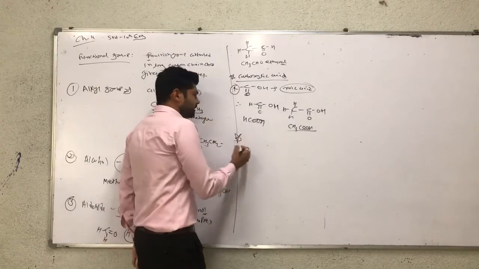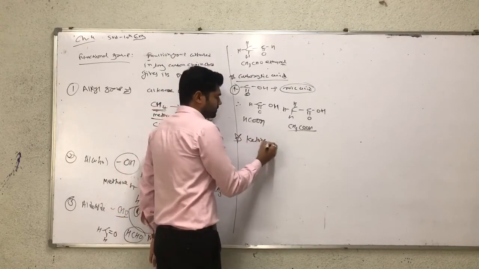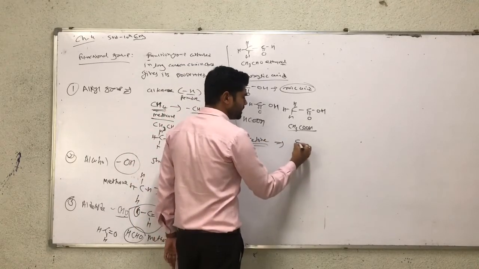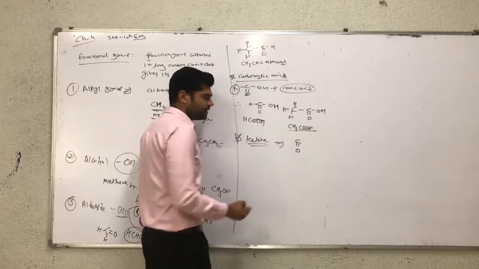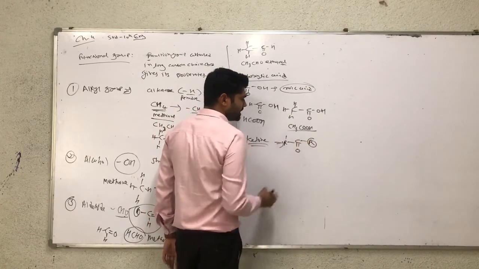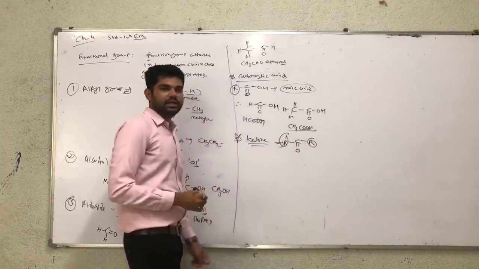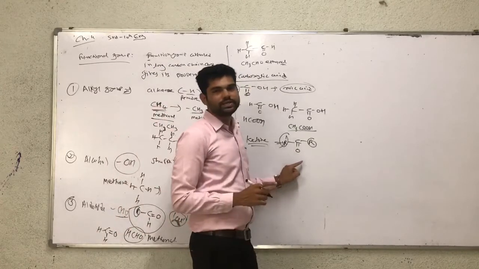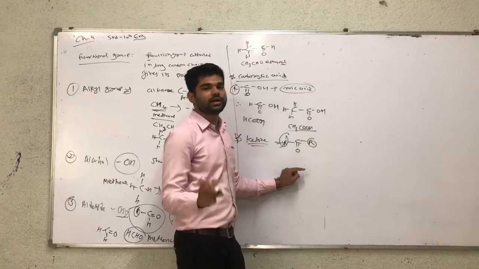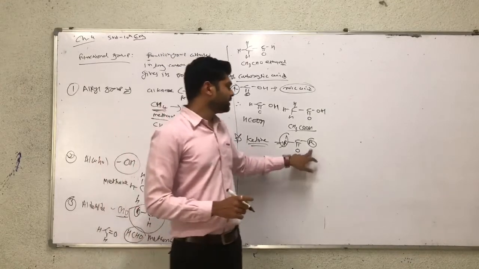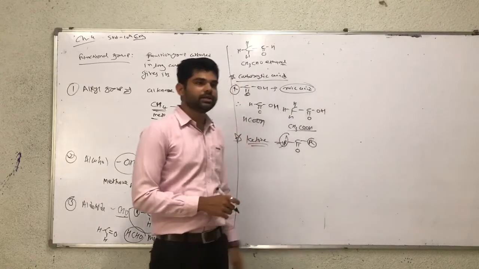Now ketone has a functional group C double bond O, and this carbon is connected with another R dash and R alkyl group, any hydrocarbon chain, always between 2 hydrocarbon chains. It means connected always between carbons, not at the end of a carbon chain.